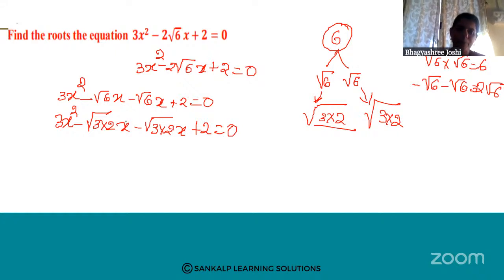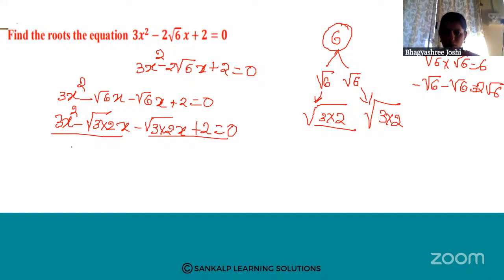Now between these two, which one is common? x is common, right? So x, I will write. Here 3 is there, here root 3 is there. So for that, 3 can be written as root 3 into root 3.